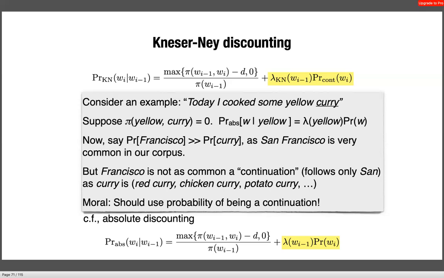I shouldn't just consider the unigram probability because such biases might creep in. Depending on my corpus, I might have certain unigrams which get inflated just because of the nature of my corpus, and which may not actually serve me well eventually. So I should consider the probability of the word being a continuation, and that should take precedence. That is the main philosophy behind Kneser-Ney smoothing.